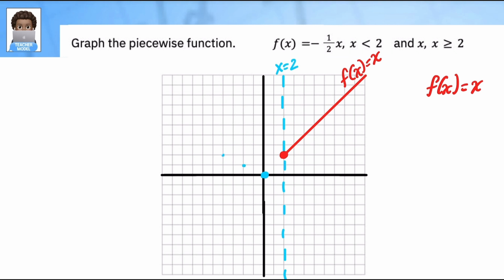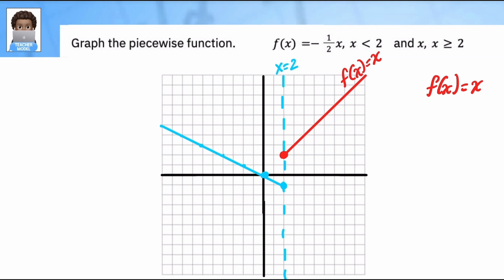So this is what my slope is going to look like. Oops, made a little error there. Okay, so this line is going to look like this. Okay, so this is my piecewise function.